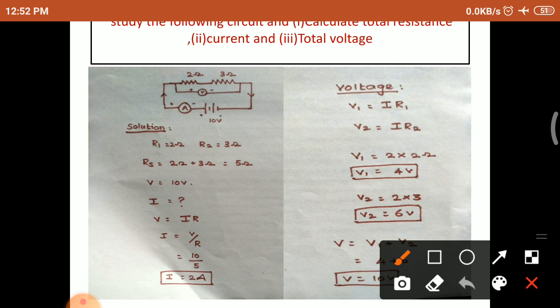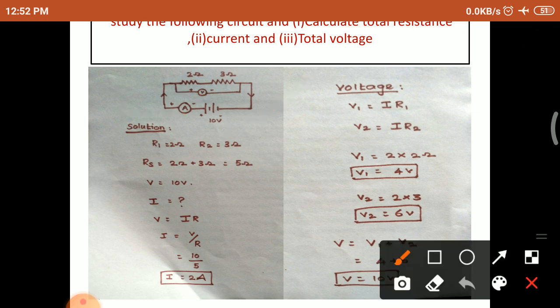First see the circuit. Here 2 ohm and 3 ohm are connected in series, and the voltage is 10 volt. The ammeter is also connected, and the voltmeter is also connected. You have to find total resistance, current and total voltage.